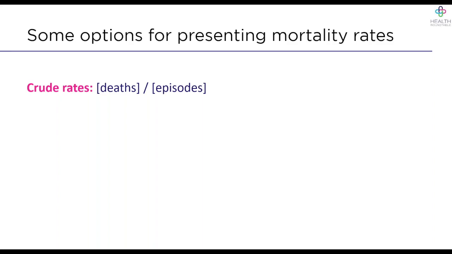Although it can be useful for looking at a single hospital's rate over time or a cohort of patients over time, it's not very useful for comparing between facilities, and it's not very useful if there's a change in patient cohort. It's difficult to separate out what might change a crude rate.